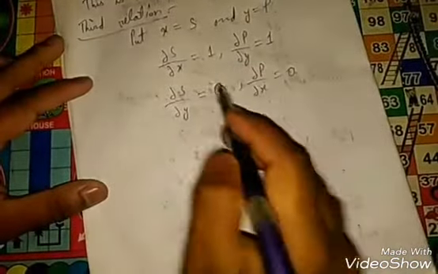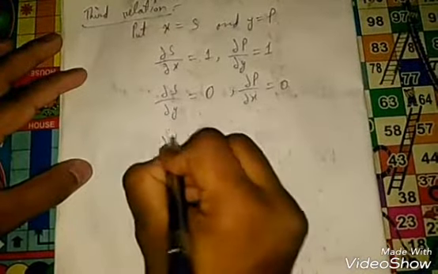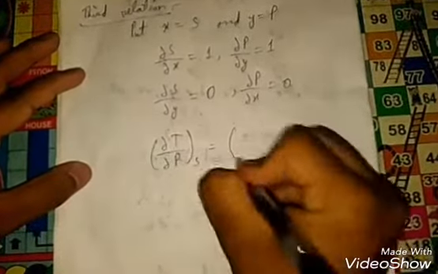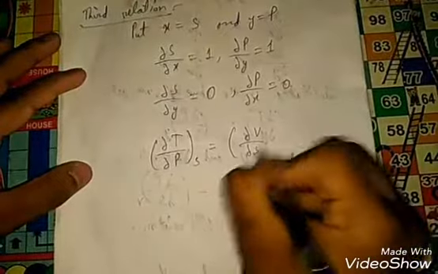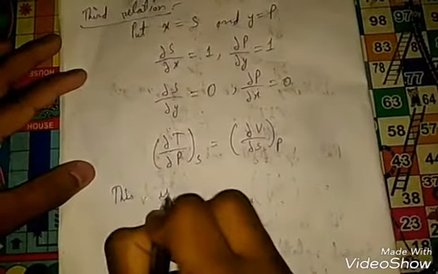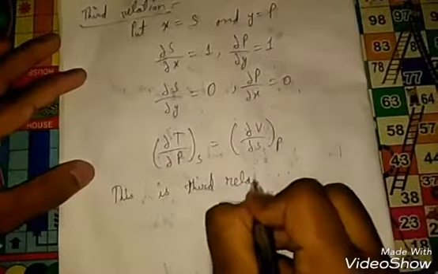Now again putting these values in the above equation, we will get del t by del p, keeping s constant, is equal to del v by del s, keeping p constant. Now this is the third relation.